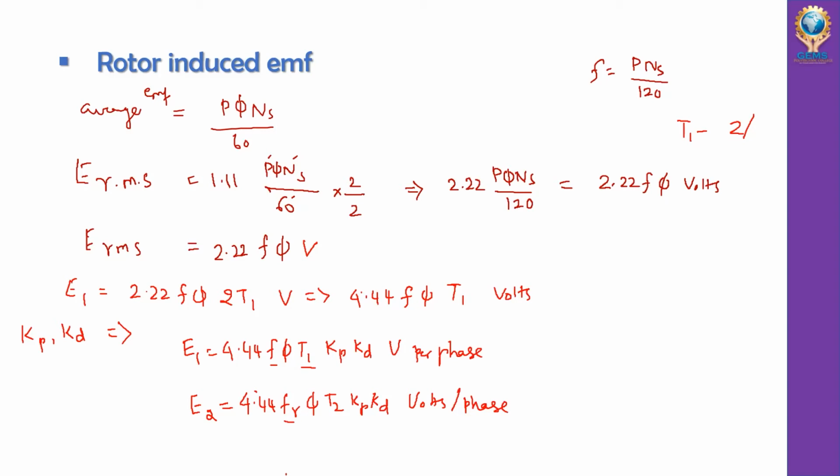We know that fr equal to s into f. So we can write it like this: 4.44 s f φ T2 Kp Kd. If you take s outside, you will get s into 4.44 f φ T2 Kp Kd.